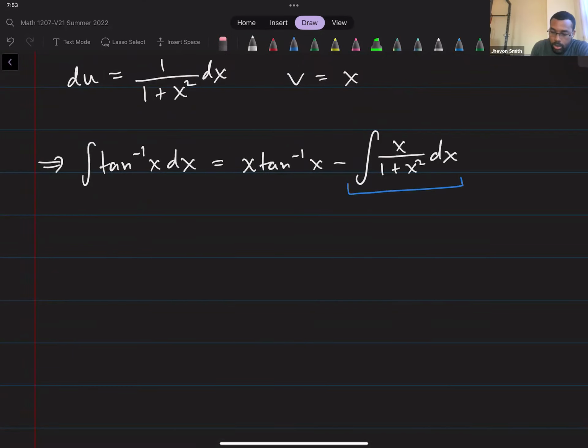How do we do this integral? Is it just going to be like 1 plus x to the second power plus c?